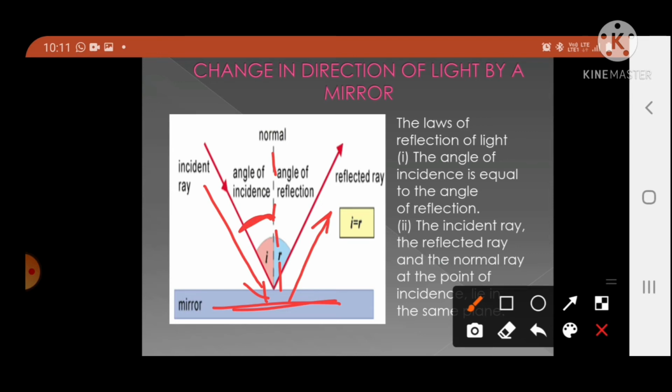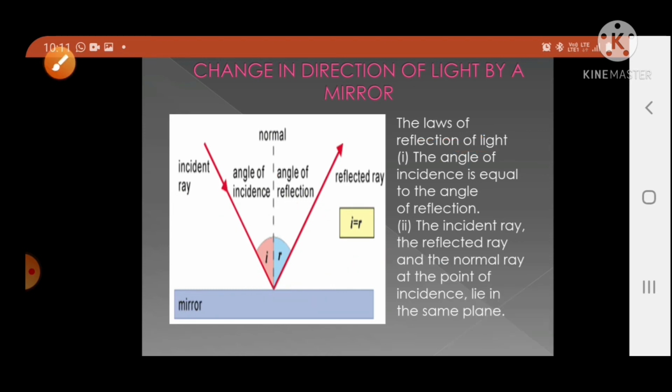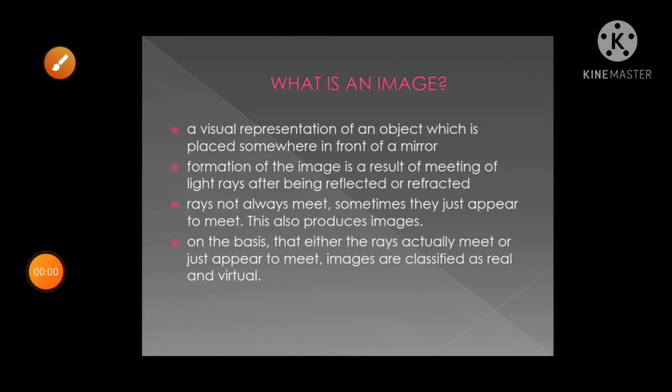The angle between the normal and the reflected ray is the angle of reflection. According to the laws of reflection, the angle of incidence, I, is equal to the angle of reflection, R. The incident ray, reflected ray and normal at the point of incidence lie in the same plane. So these are the laws of reflection of light.